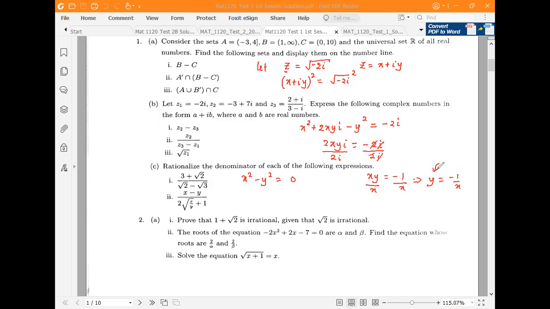So where there is y, we put minus 1 over x. Then we square it, equal to 0. Meaning we now have x squared minus 1 over x squared equal to 0. If we multiply throughout by x squared, we are going to have x power 4 minus 1 equal to 0.